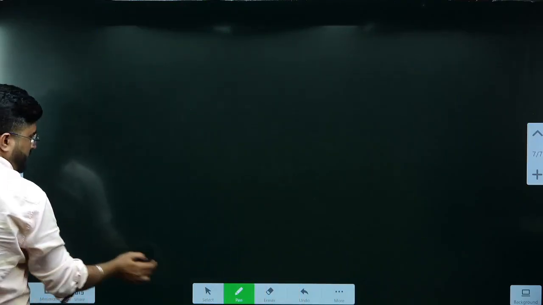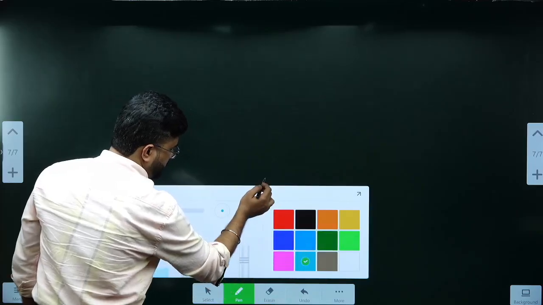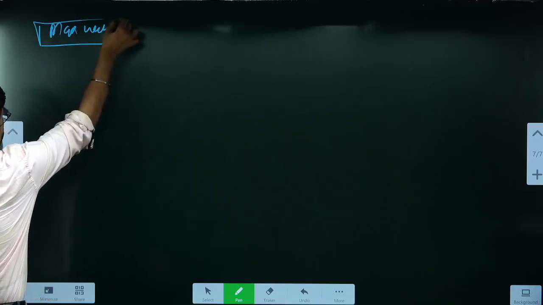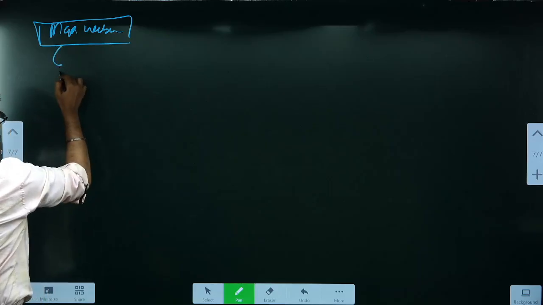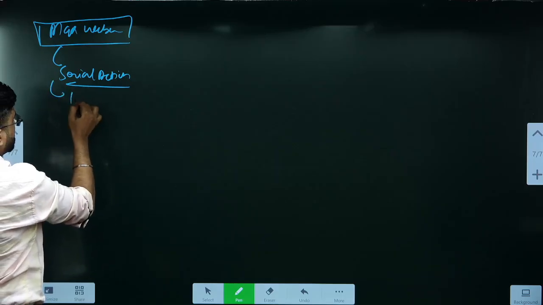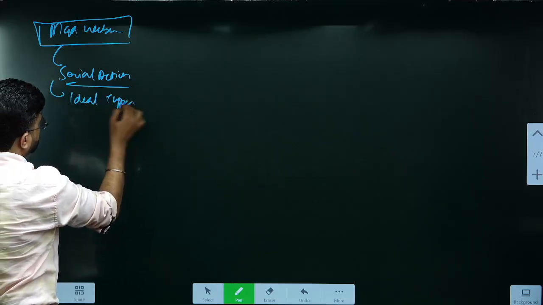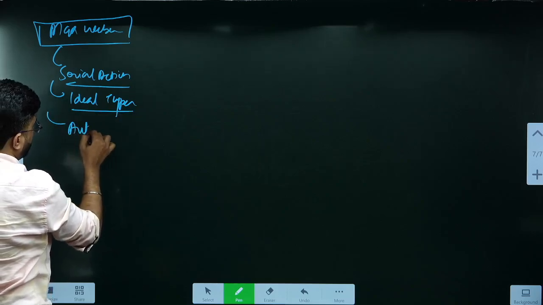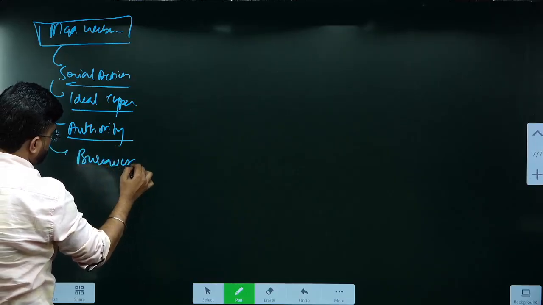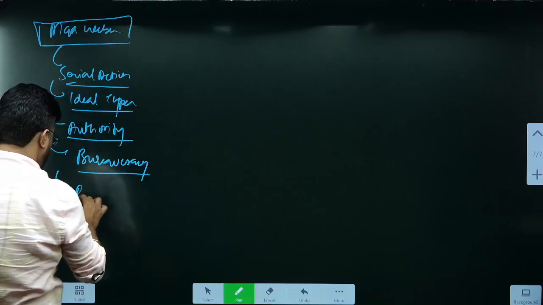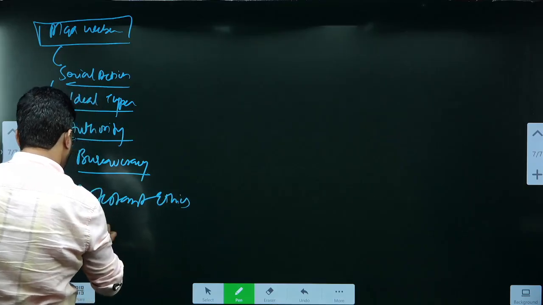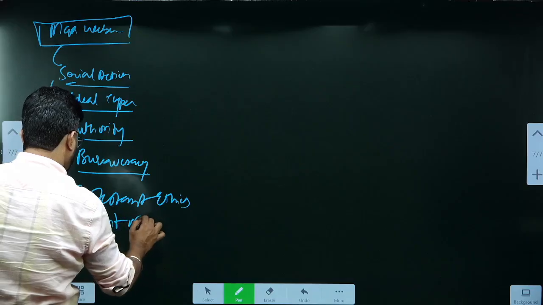Then next thinker, your Max Weber. For Max Weber, you are reading about social action, ideal types, his authority part, bureaucracy, Protestant ethics and spirit of capitalism.